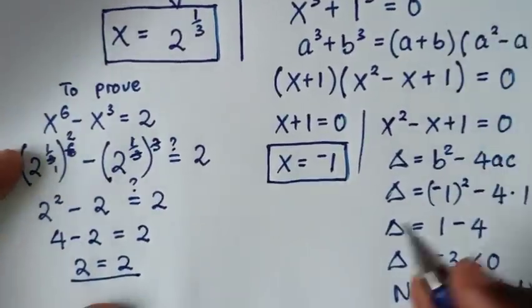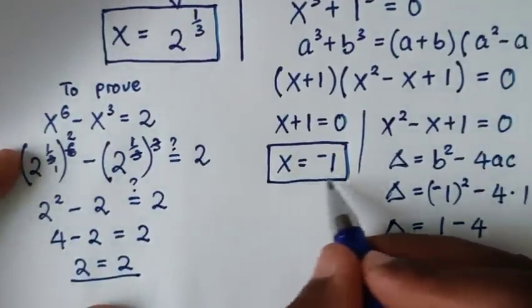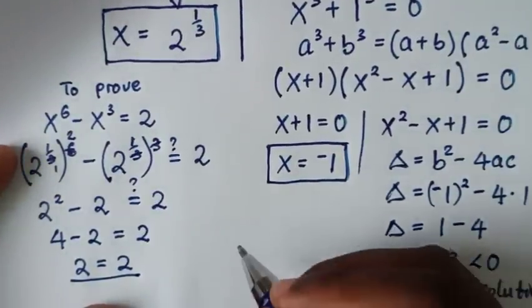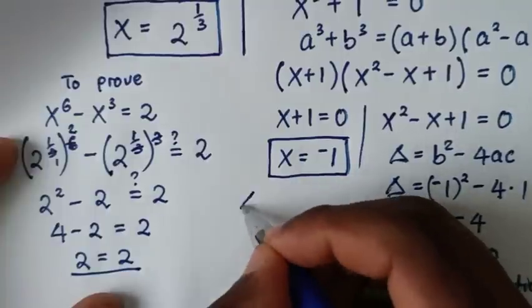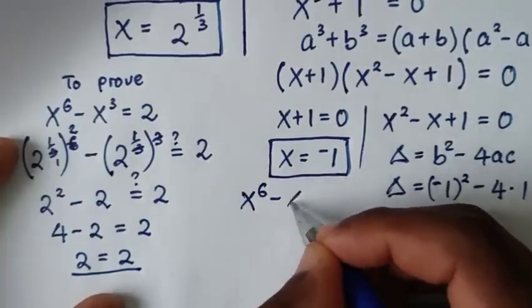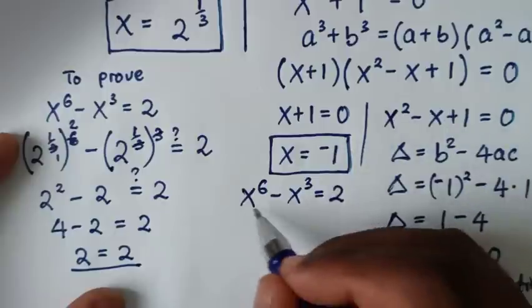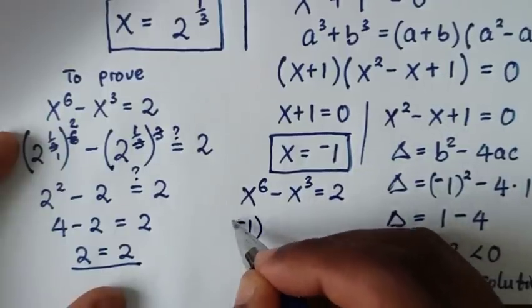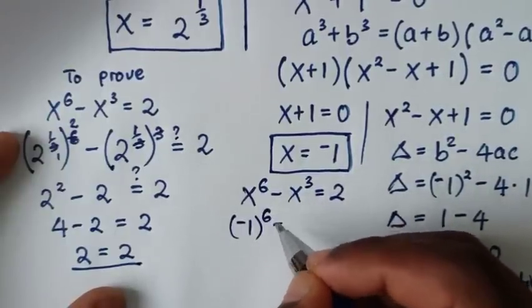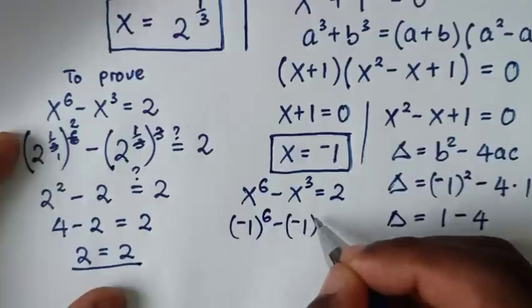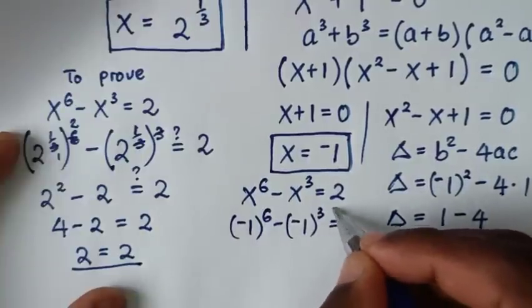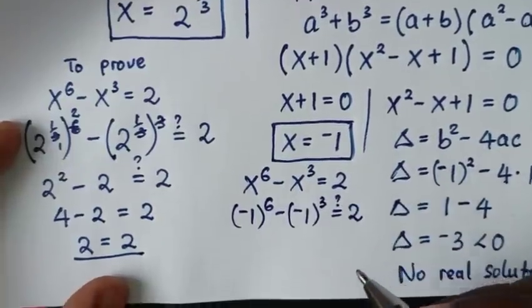Now let's check for this value here, x = -1. From our problem, which was x^6 - x^3 = 2, we substitute negative 1 here, so it will be (-1)^6 - (-1)^3, is it equal to this 2?